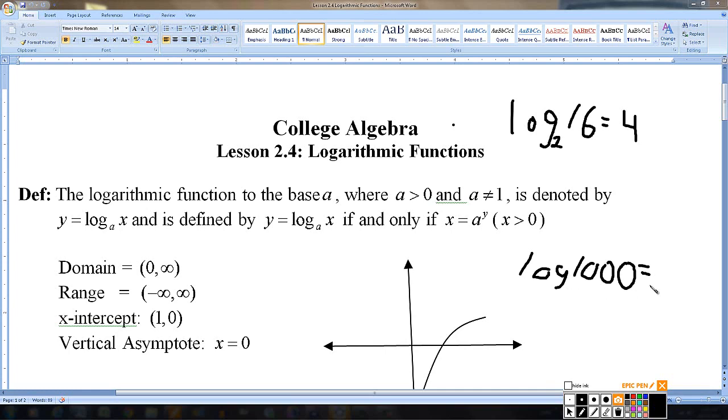Well, it's 3. That's how you can get the logarithm for problems like this where you can get an exact answer. Otherwise, if it's not an exact answer, you can use a calculator.